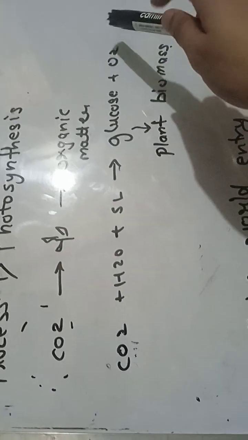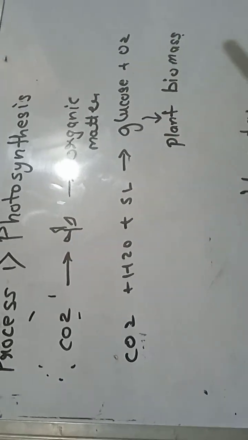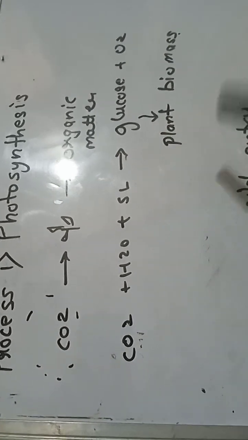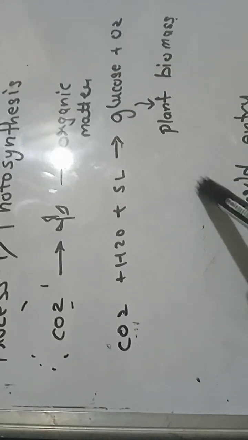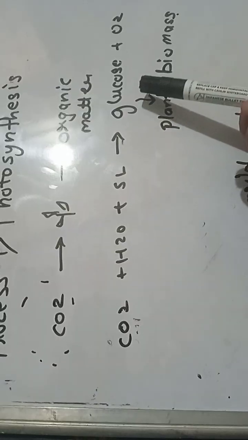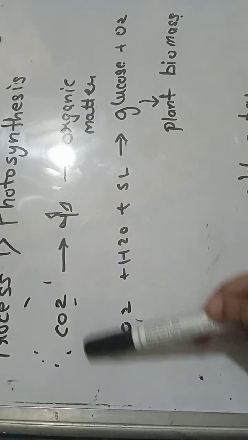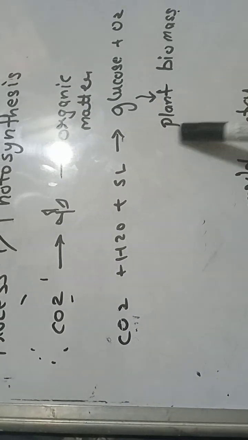O2 is what we call oxygen, and we use it. Now remember the formula of glucose that you learned in class 10th, C6H12O6. Now we have C in plant biomass.